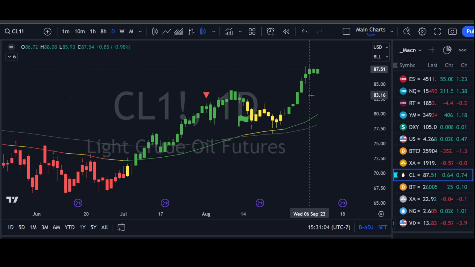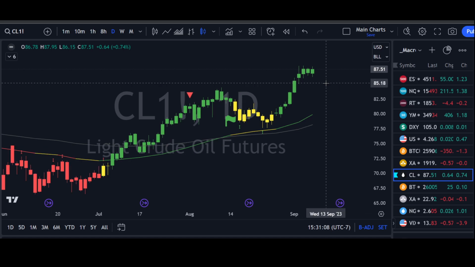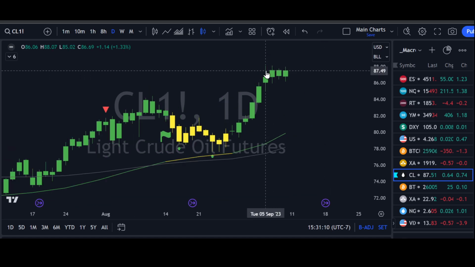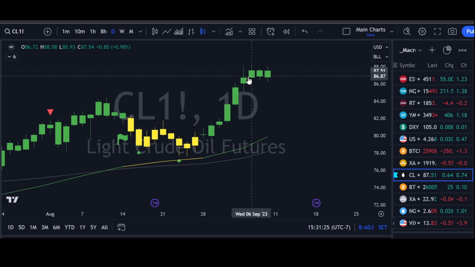Wednesday and Thursday we got inventory numbers which were bullish as heck, and yet we haven't gotten any higher than 88.08 the last couple of days, and we've just continued to have bullish news.